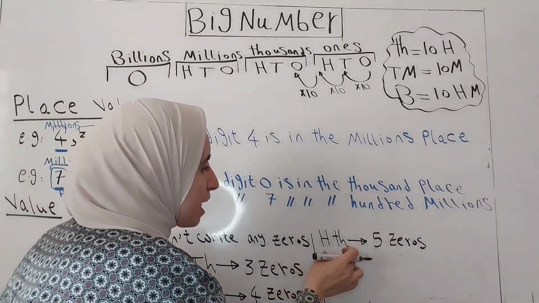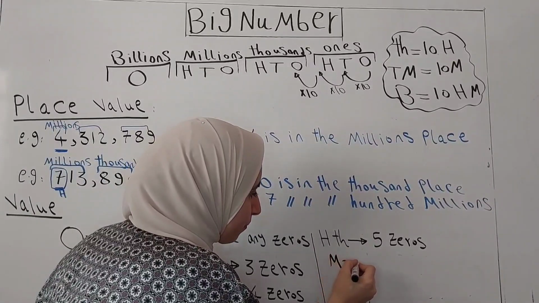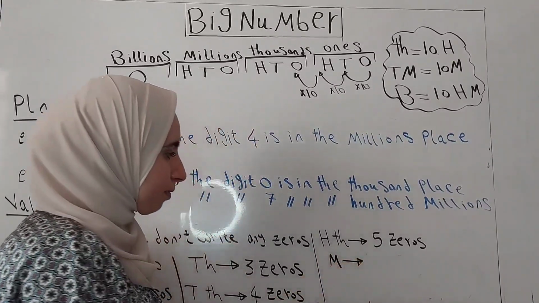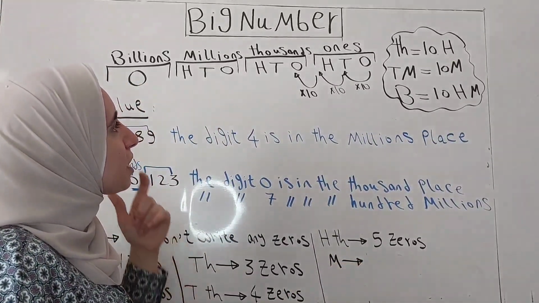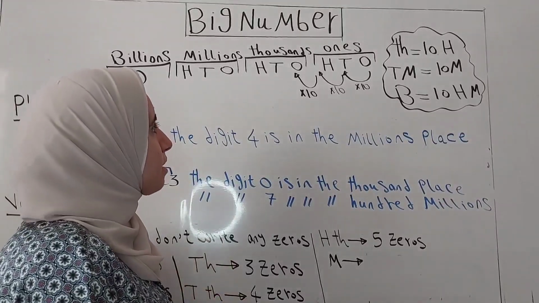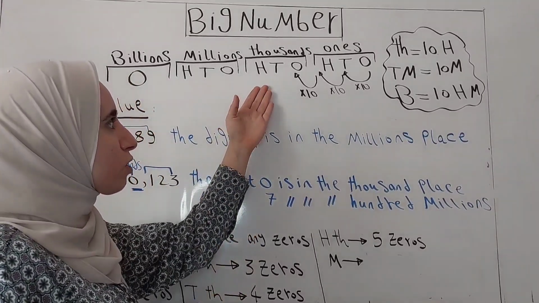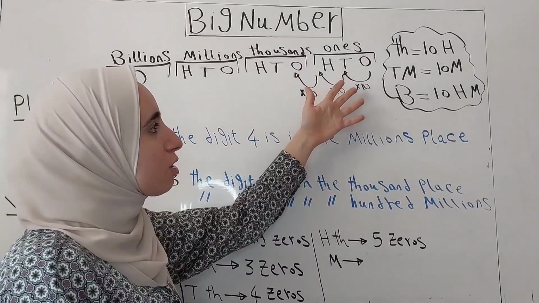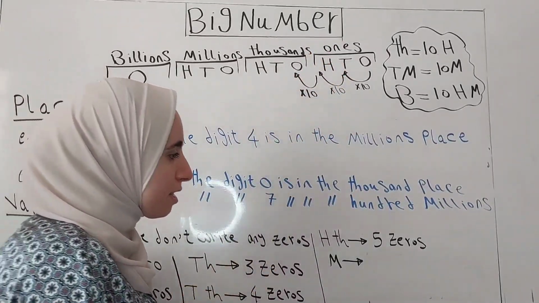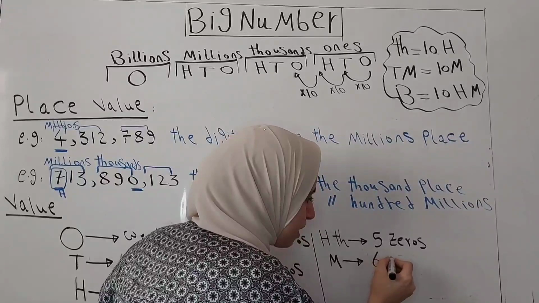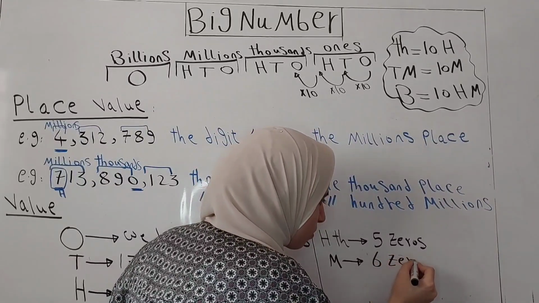And if the digit is in the millions place, we replace the last place with zeros. How many zeros? 3 zeros for the thousand family and 3 zeros for the ones family. It will be 6 zeros.